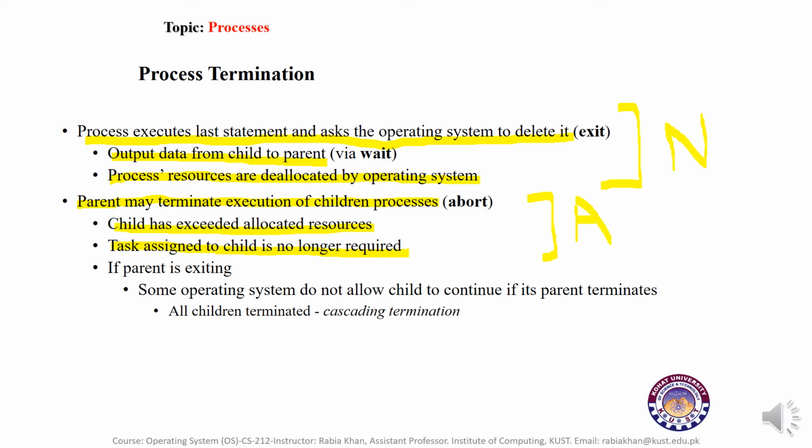And now when the parent has to exit the system, some operating systems do not allow a child to continue if its parent terminates. So they have to kill the children first, and then the parent gets terminated.